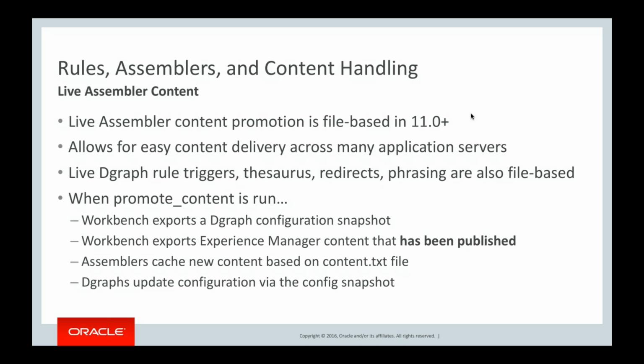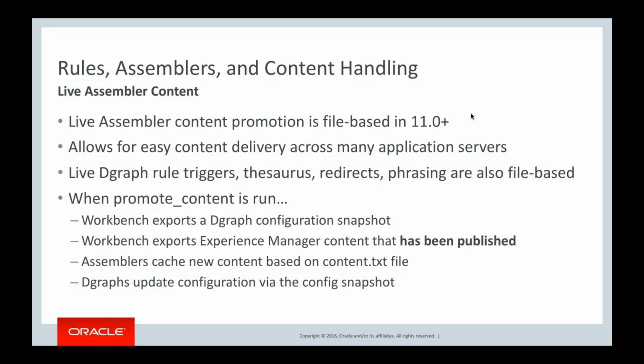So when you do a publish, and you do a promote, and you eventually run a baseline, or you run an index, or you run a promote content, that's when we update the content.zip for the D graph, and then the D graph references that content.zip. So again, that content.zip is going to contain your triggers, your pages, your thesauruses. Basically, all that is in your ICR repository.